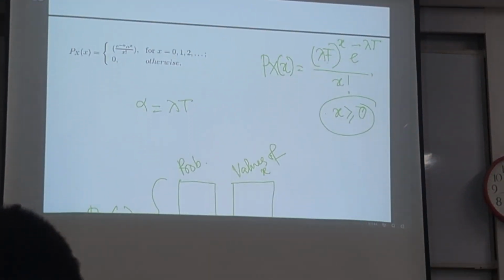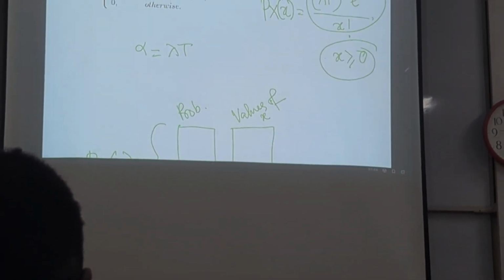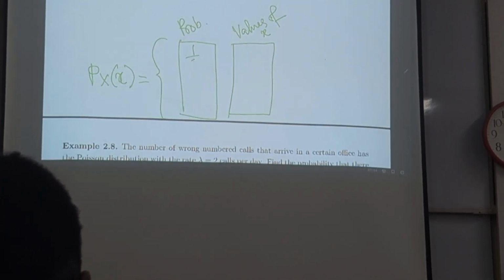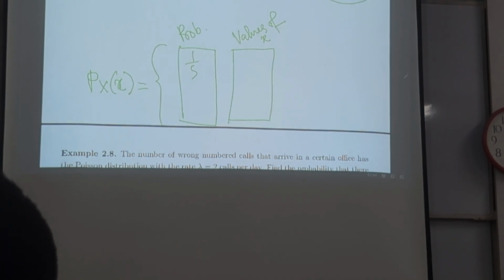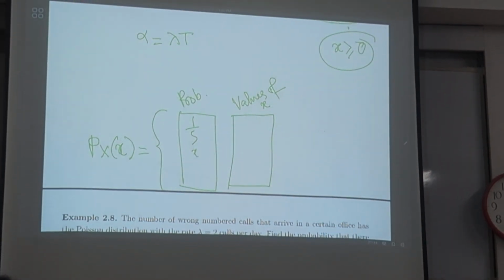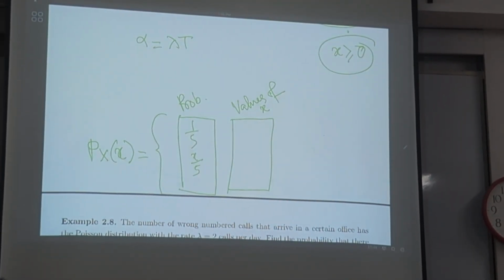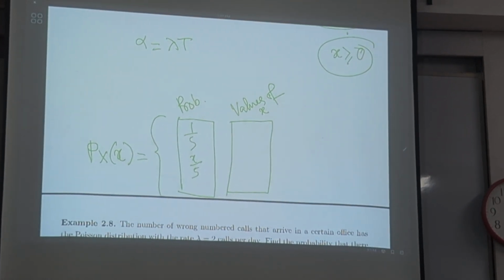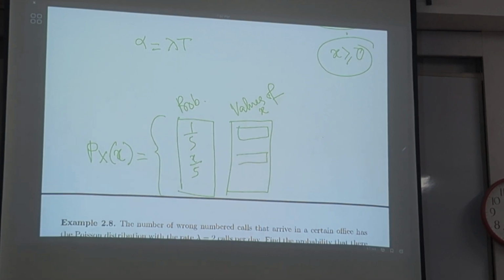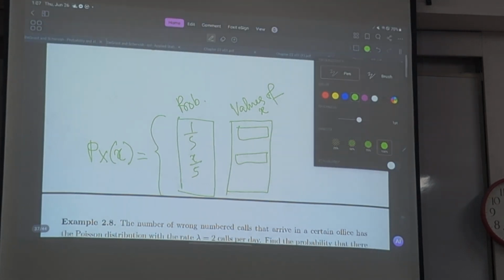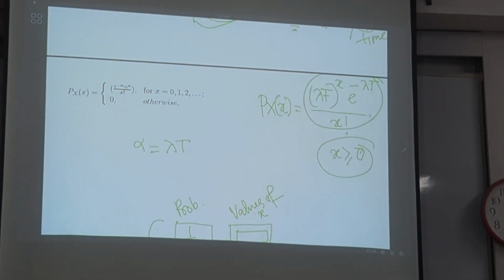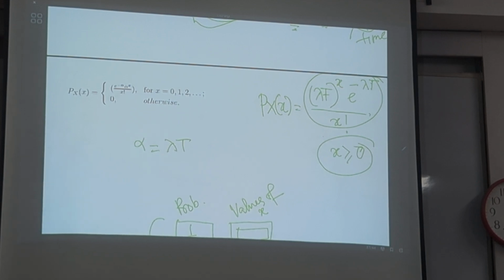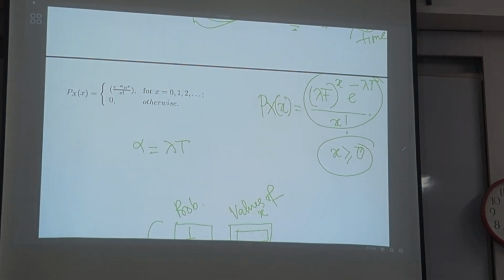Always there will be a condition for which values of x this function is applicable. You can write it as probabilities or as a function of x, but you need to mention for which values these probabilities are applicable.